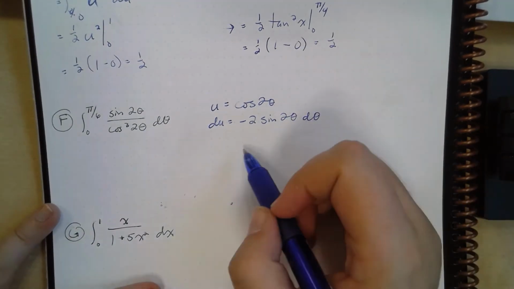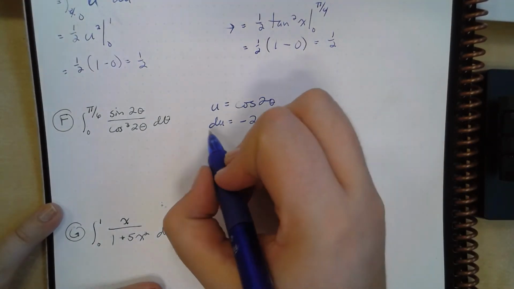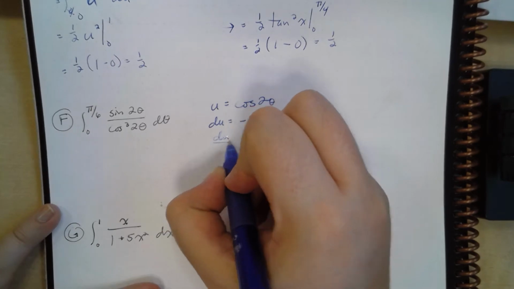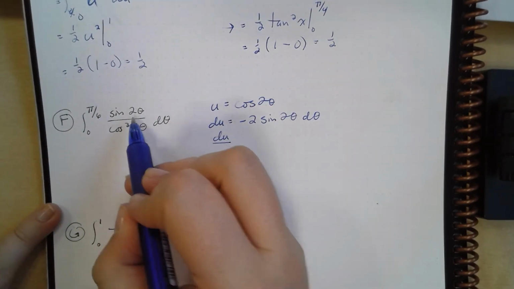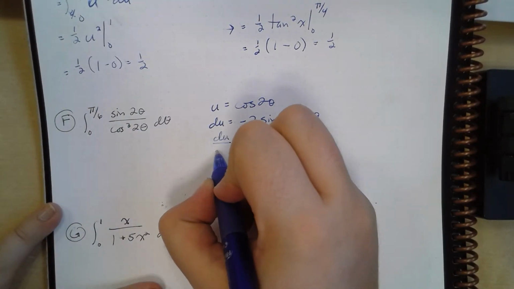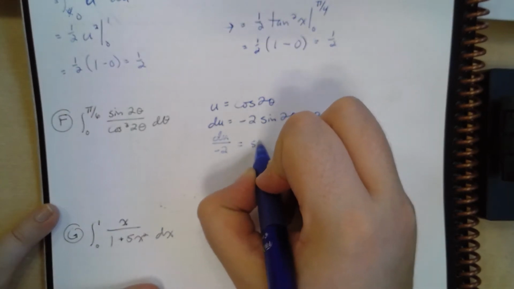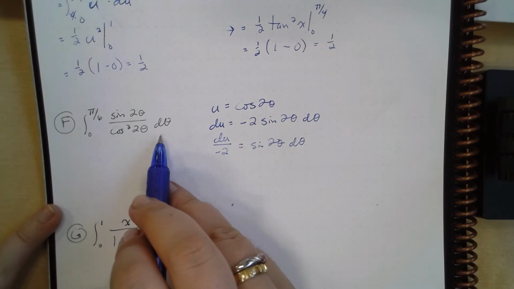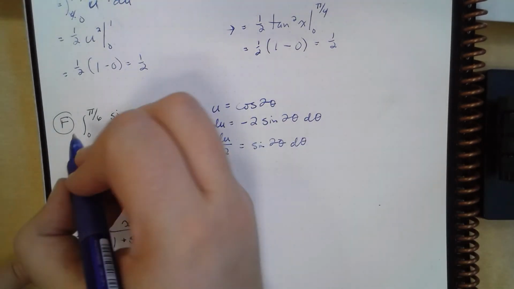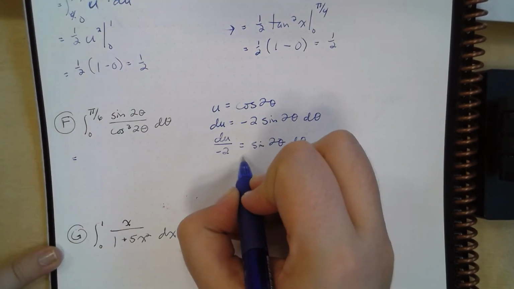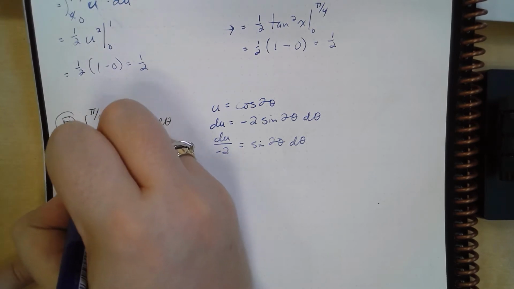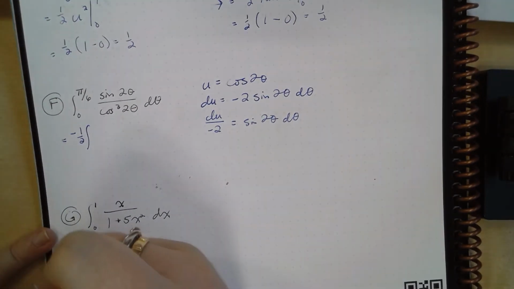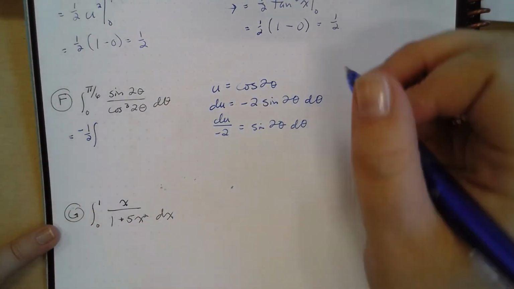So this du over negative 2 is equal to sine 2 theta d theta, okay? We're trying to get that 2 theta eliminated. And so that matches up there nicely. So this is going to be equal to, and in this case, I'm going to just pull that negative 1/2 out front, all right? And before I continue, I'm going to change my parameters here.